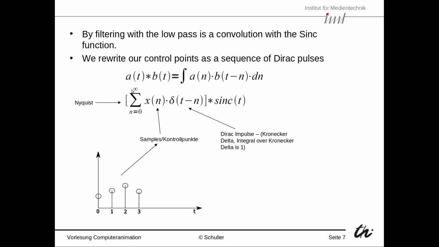Right, so here we have our sequence of samples in the first rectangular brackets, and then we convolve this now continuous function with a Sinc function which is also continuous, and we do that using here the convolution integral. So here you can see the convolution is defined as this integral, and this is the typical formulation. We can see one variable goes up in one of the functions and the other one goes down.